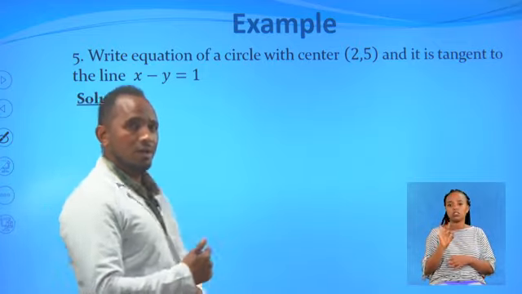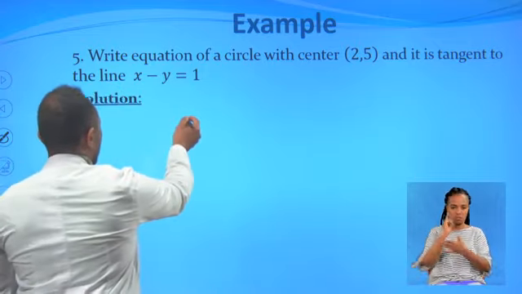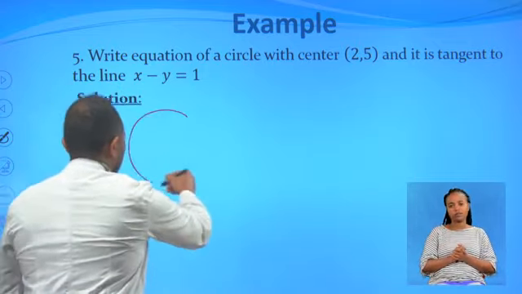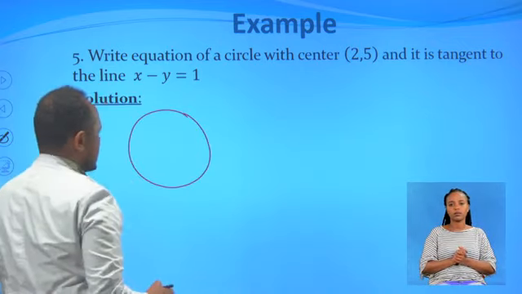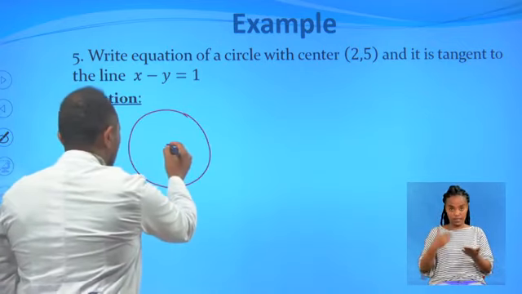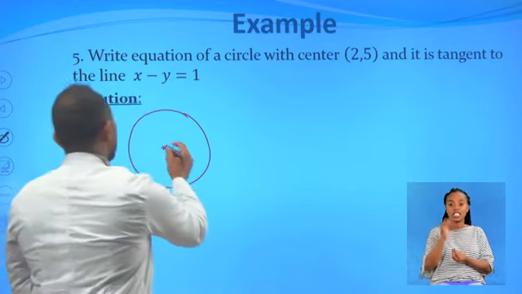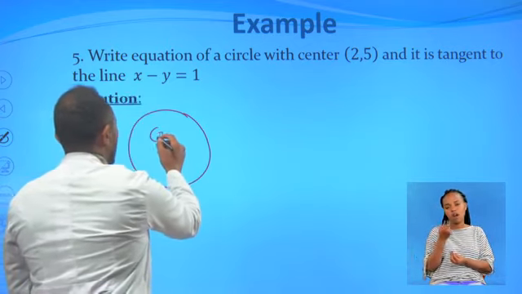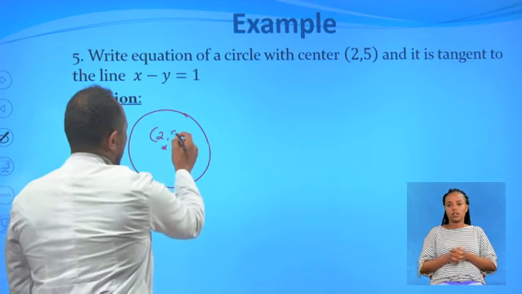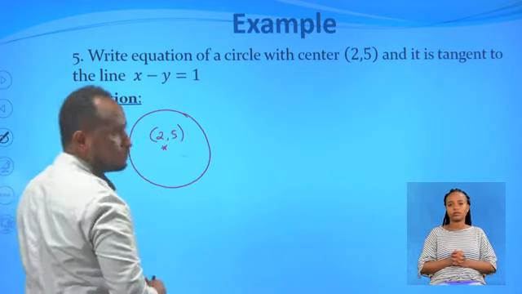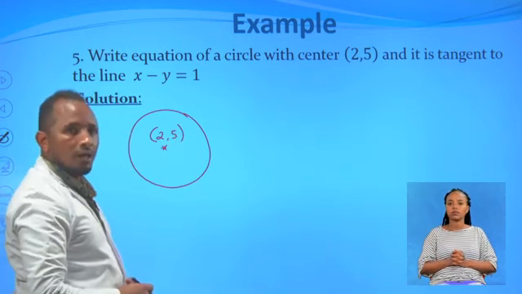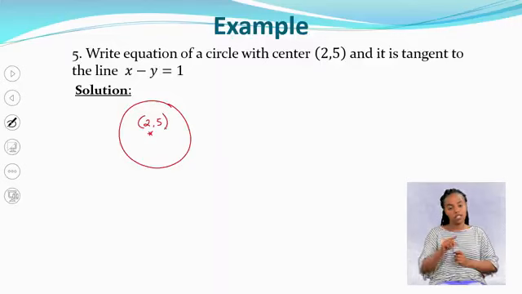Let's draw it. We have a circle here, and the center of this circle is given to be 2 comma 5, and the equation of the tangent line to this circle is given.